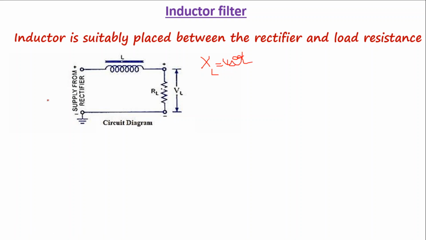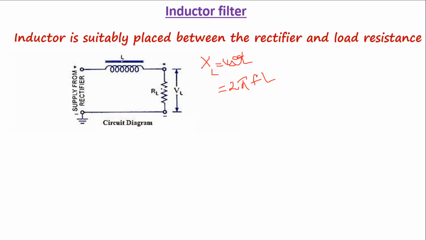And what is this omega? This is 2 pi f, where f is the frequency, and L is the value of the inductance coil. What is this frequency we are talking about? It is the frequency of the AC signal, because DC is not fluctuating.